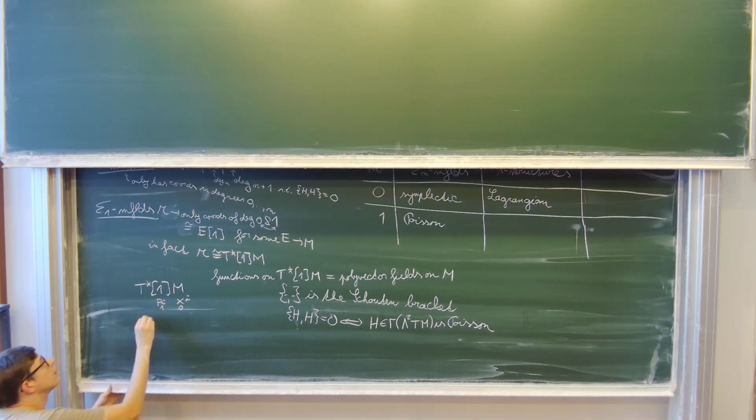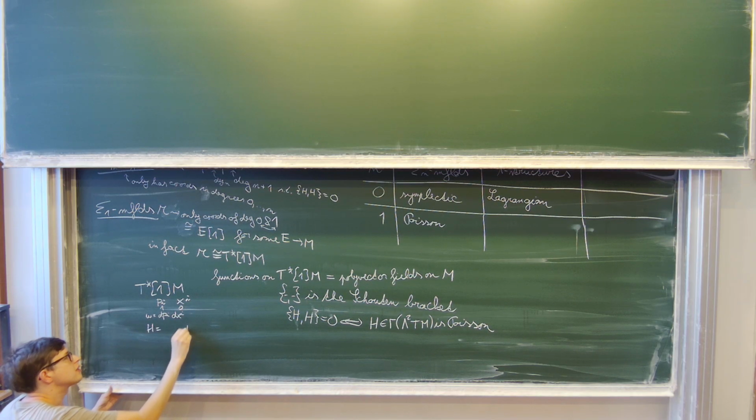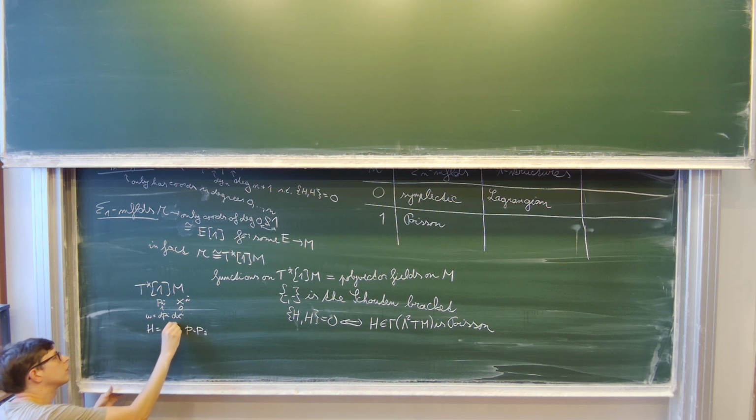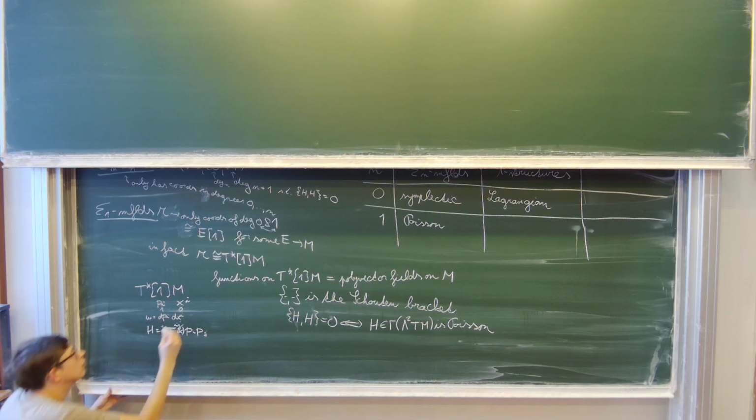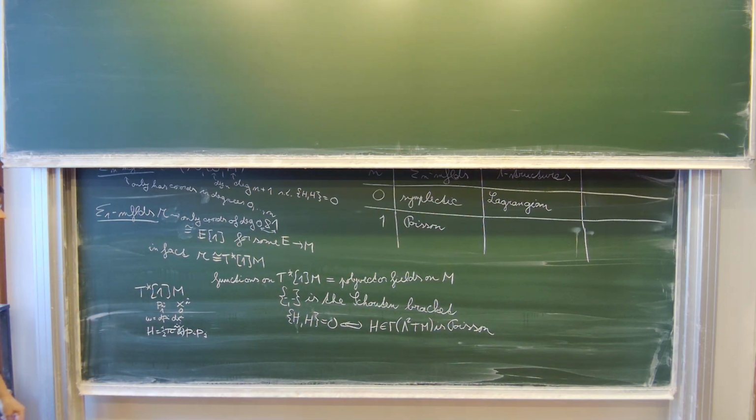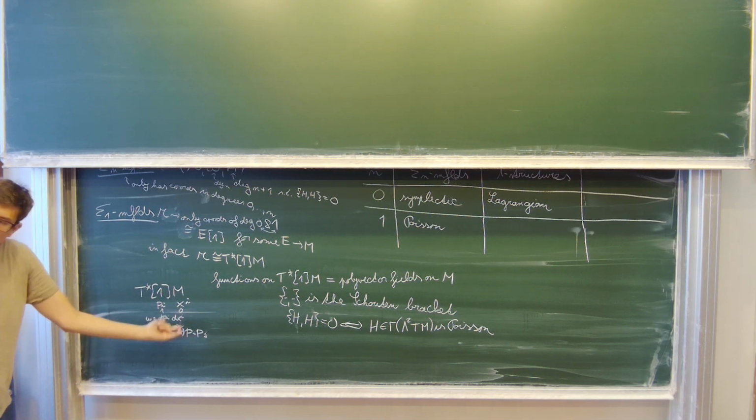So degree 1. So that is dp_i dx_i. And this h needs to be degree 2, so it needs to have two p's, p_i p_j, and there is a coefficient function depending on x, maybe with a factor 1/2. So that's precisely the Poisson answer. It's antisymmetric because the p's are degree 1.